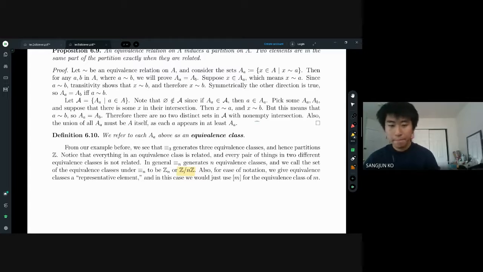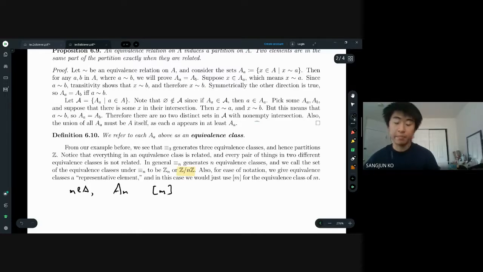For ease of notation, we give each equivalence class a representative element. If you have m in A, then you would have A sub m. You would also write bracket m to denote the equivalence class of m.